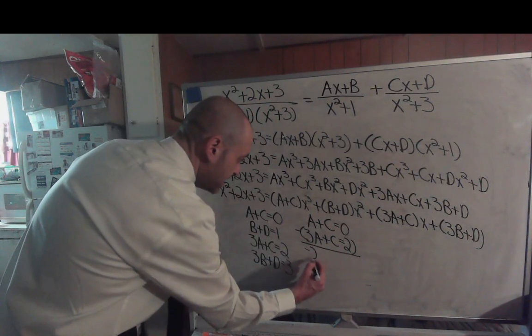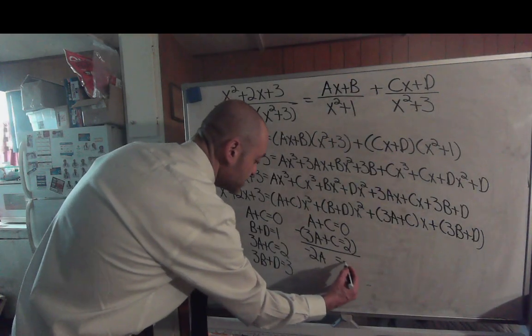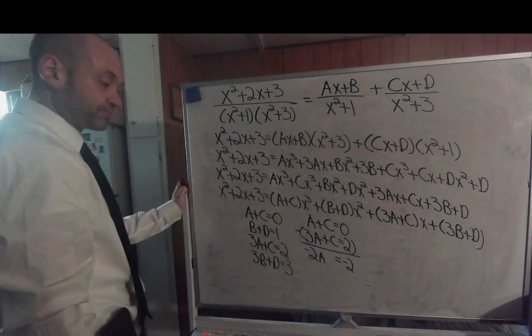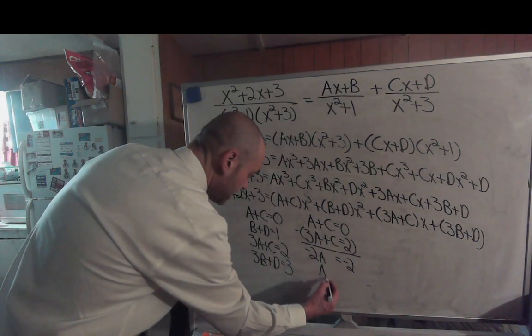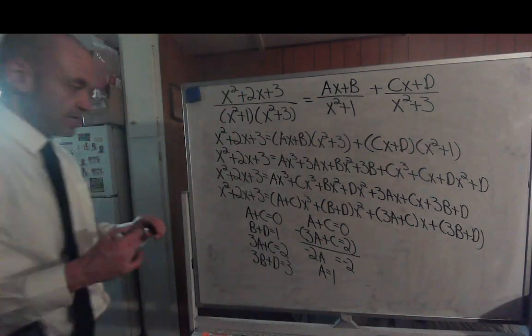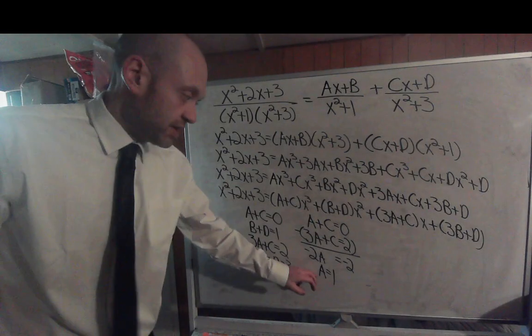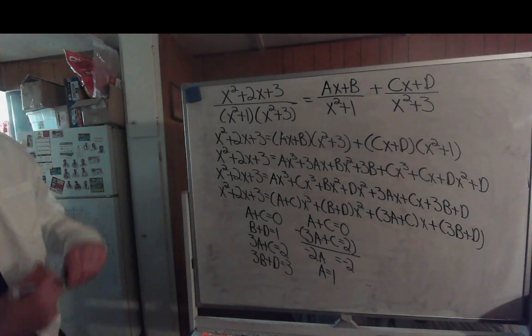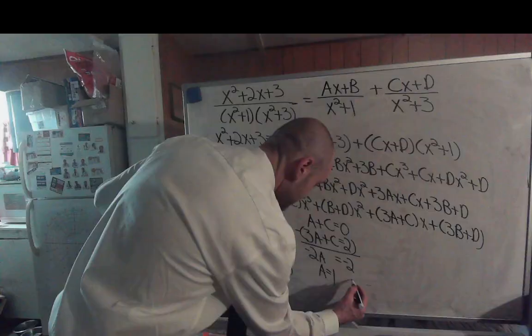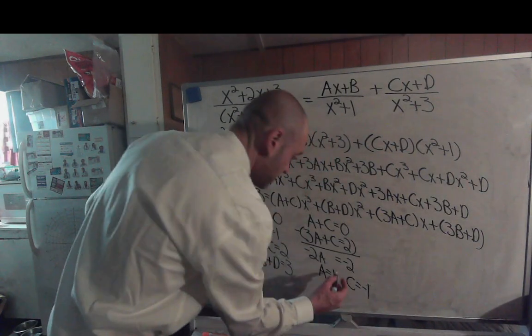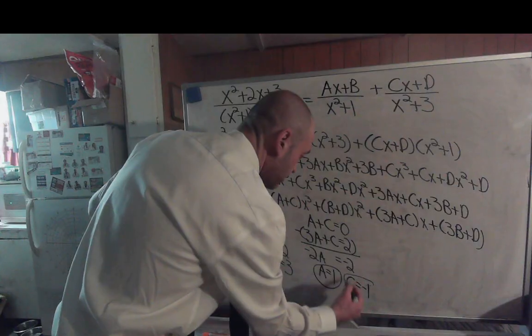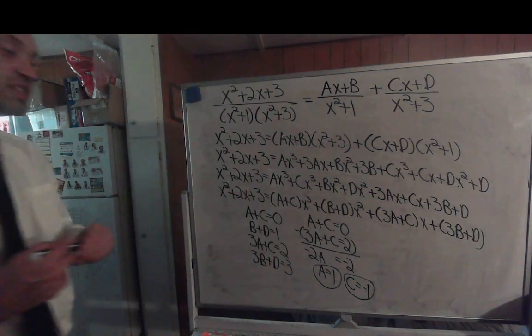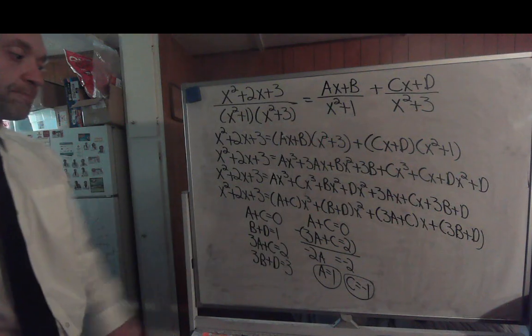That would end up being negative 2a equals negative 2, which would mean a equals 1. Now it's easy. All I got to do is put in my a value in the top equation and solve for c, which means c would have to equal negative 1. So we actually already found a and c. We just need to do the same for b and d.